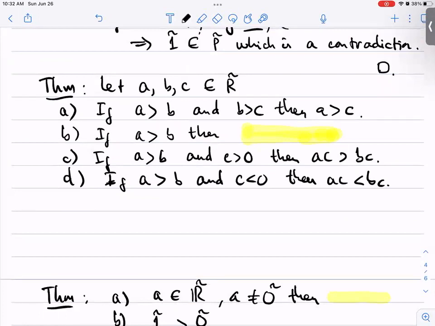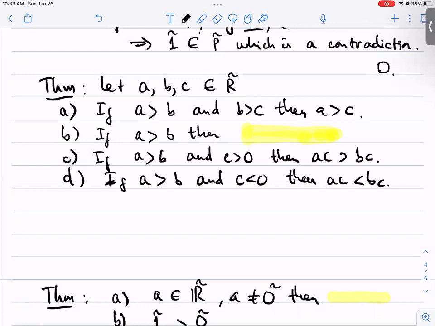Now, I'm going to state a few more theorems about the ordering properties of real numbers. There are quite a few statements here. The key point to remember is that these statements actually just formalize the usual behavior of ordering real numbers that you're familiar with.